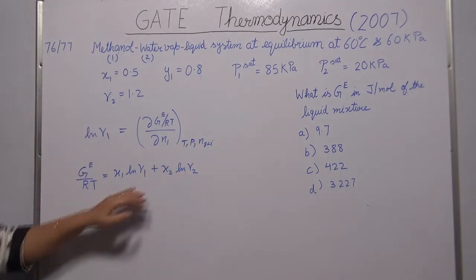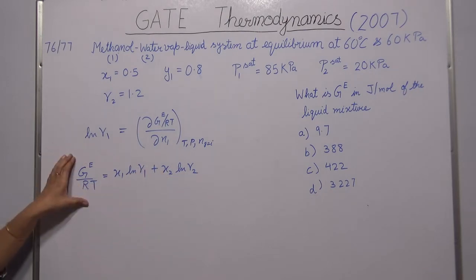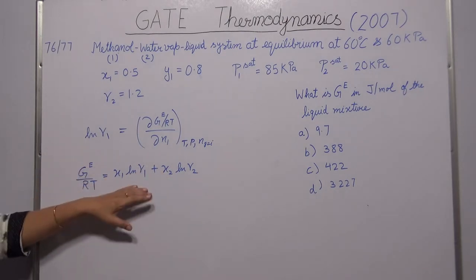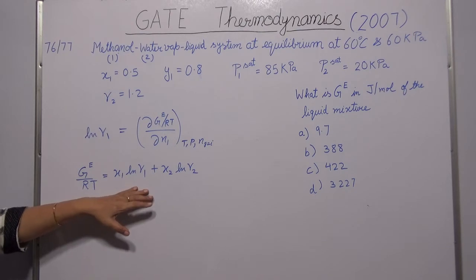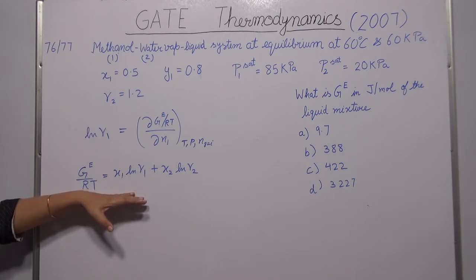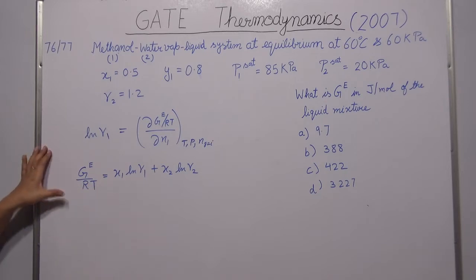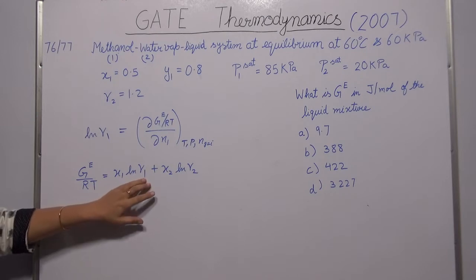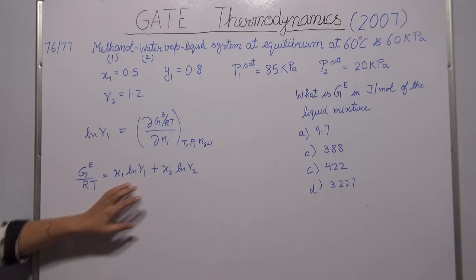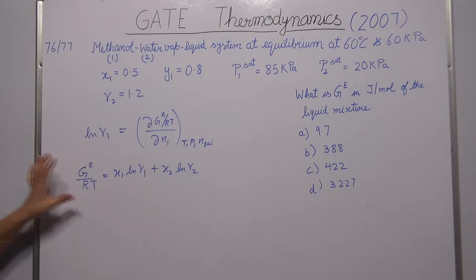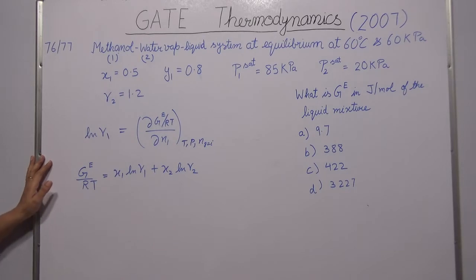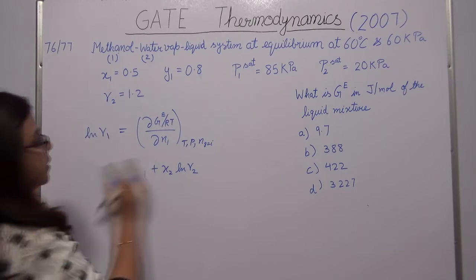Because these are partial molar properties with respect to GE by RT, I am straight away writing it. This is by the summability relation and you have seen it several times. Now the remaining thing is very simple. You have to find gamma 1, again by using Raoult's law, and then plug everything into this equation and find your GE. So let's do that.